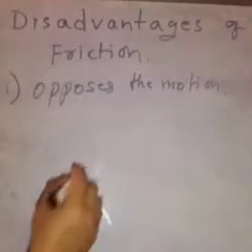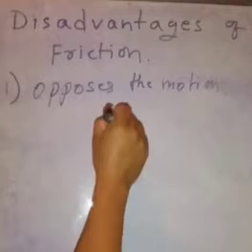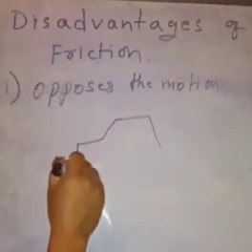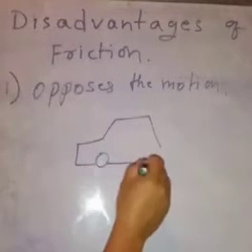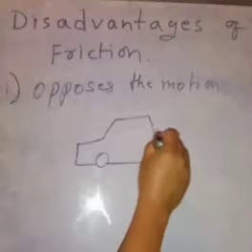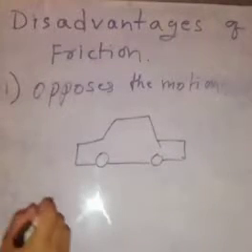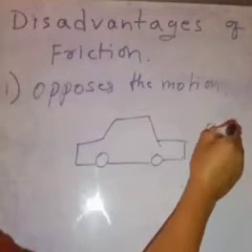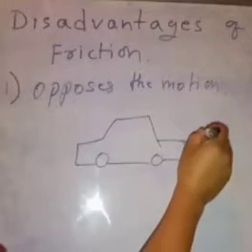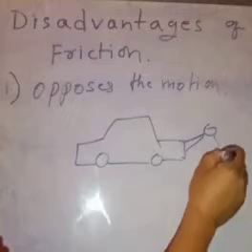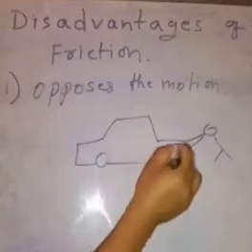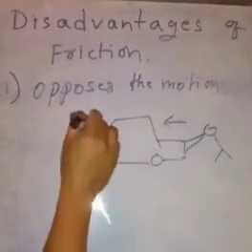For example, suppose there is a car, and its engine is not working, then you have to push it. Clear? If you are pushing from behind the car, then it will start to move.